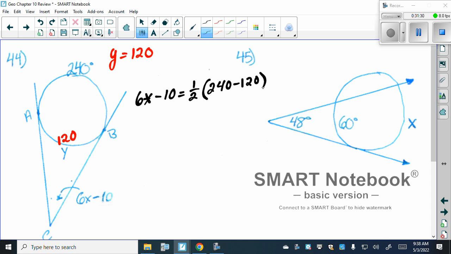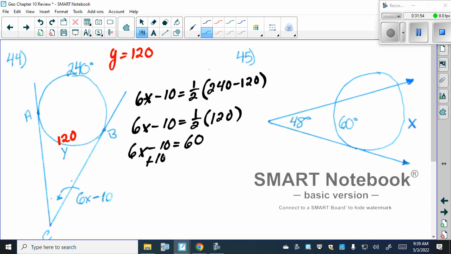Well, 1/2 of 240 minus 120, that's all numbers on that side, yes? So at this point, we could type that entire side into the calculator and get an answer for that half. But if we did it by hand, 240 minus 120 is 120. Half of 120 is 60. So at this point here, we can add 10 to both sides, telling us 6x is equal to 70.